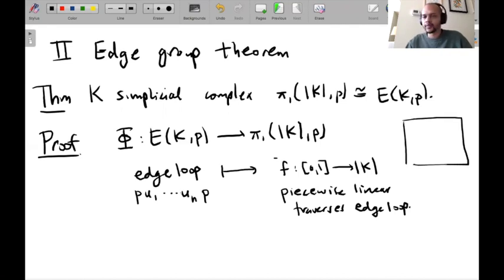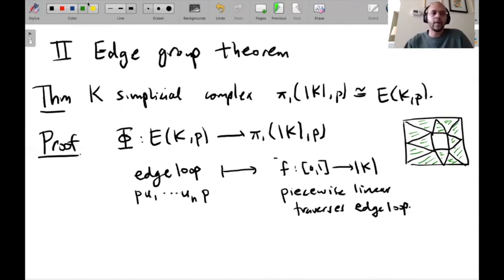So, I mean, a picture, so say we have like this complex, which has these two-dimensional simplices, and there's this hole in the center.